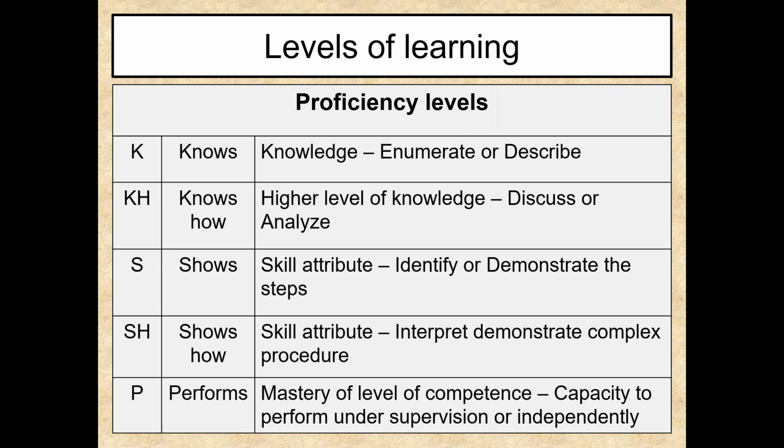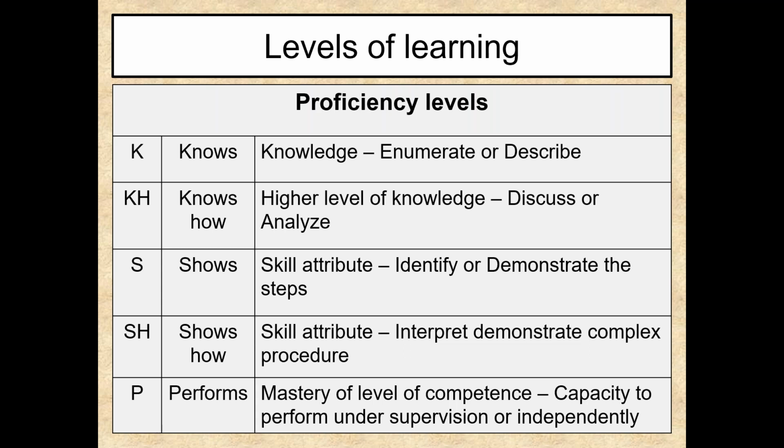Now, shows how is something a little bit higher, a skill where you are interpreting or demonstrating a complex procedure is shows how. And performs is which we expect at the end of the course. So actually speaking, when you take the CBME curriculum from phase 1 towards the end of the course, that is towards the final phase, what is expected is a gradual transition from the knows how level in the early phases to a shift to the shows how level, which is expected from the student.